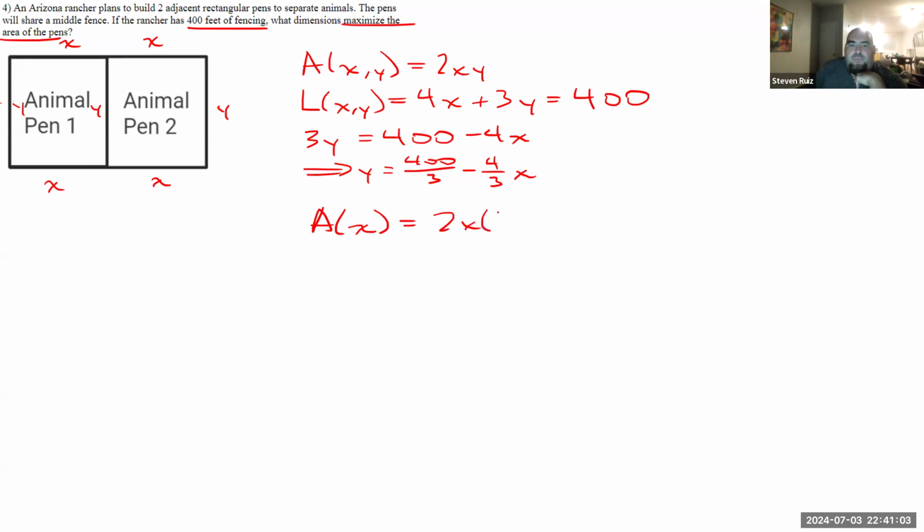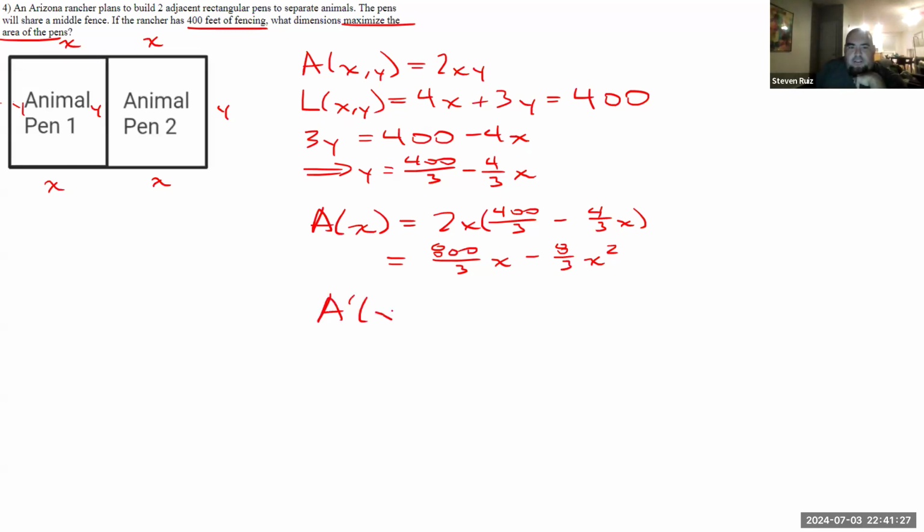So 2x times y, which is 400 thirds minus 4 thirds x. Or if we simplify, we get 800 over 3 x minus 8 over 3 x squared. So that's my objective function.